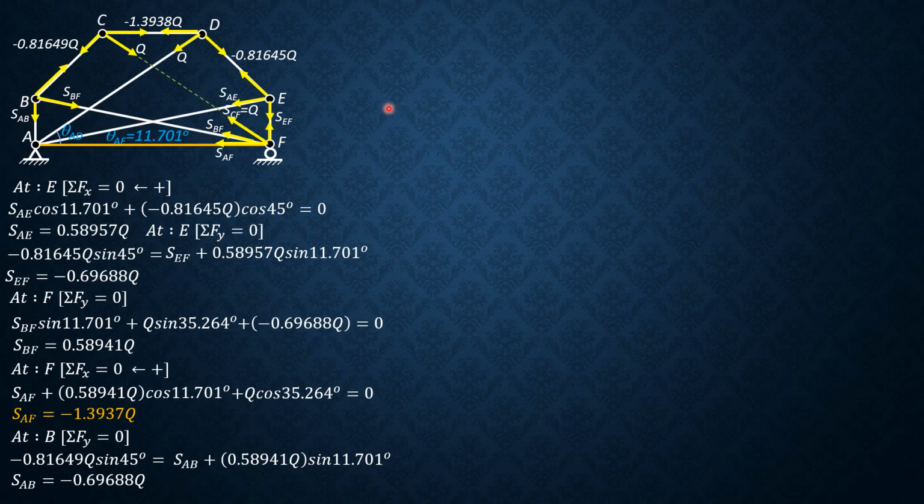Then again, perform checking. Summation of forces X should be 0 so that we can validate all our answers here to be correct. So summation of forces X equals SBF, 0.58941 Q cosine 11.701 plus negative 0.81649 Q cosine of 45, and if you combine, that's almost 0, so okay.